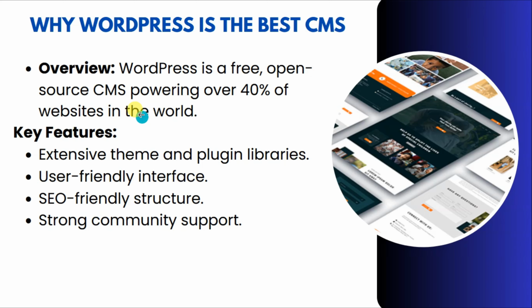There are billions of websites in the world, and WordPress is powering 40% of them. So that is to show you how popular it is. Many big websites you see are built using WordPress.